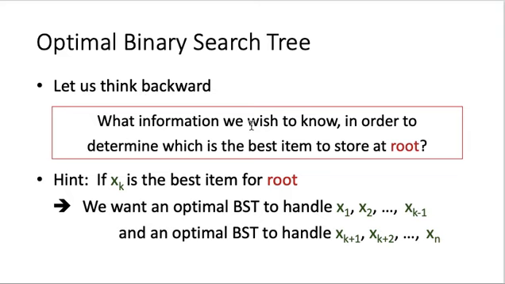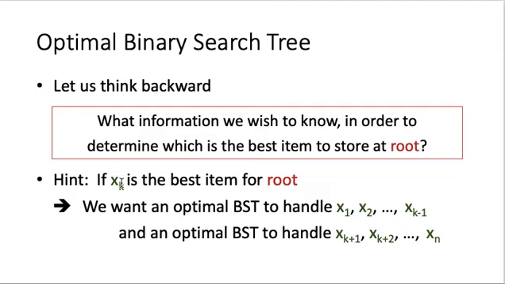In particular, what information do we wish to know in order to determine the best item to store at the root? Remember, in matrix chain multiplication, we were trying to find out the last operation in the best sequence. And here, we want to find out the best item to store at the root in order to get the optimal binary search tree.